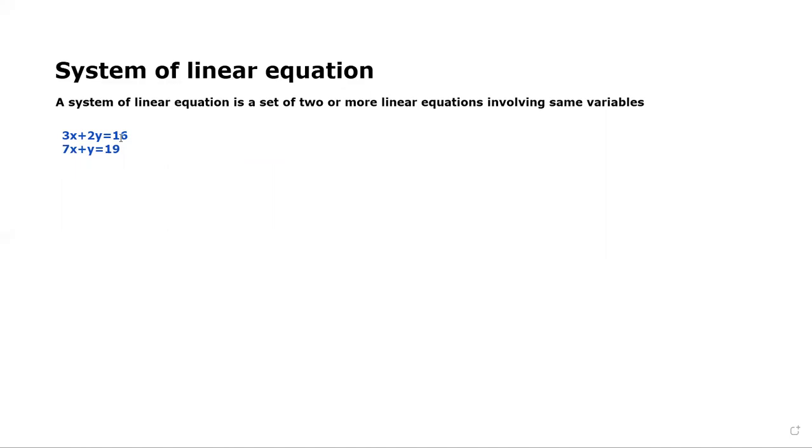Now solve this system of equations. First solve the second equation, that is 7x plus y equals 19. From this we get y equals 19 minus 7x.